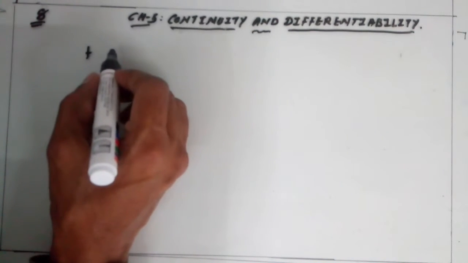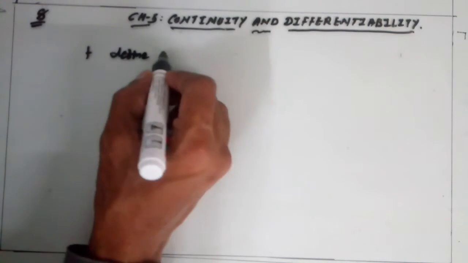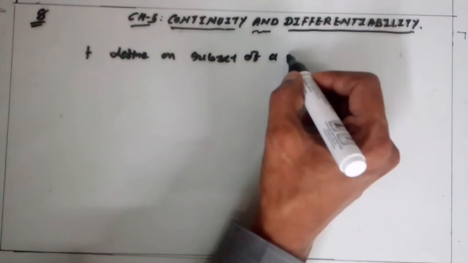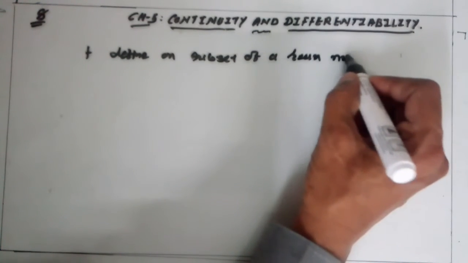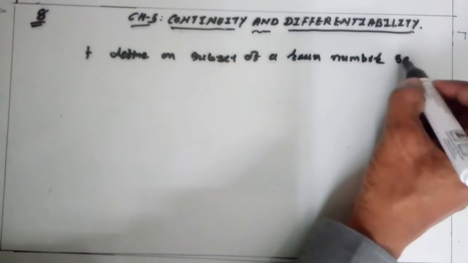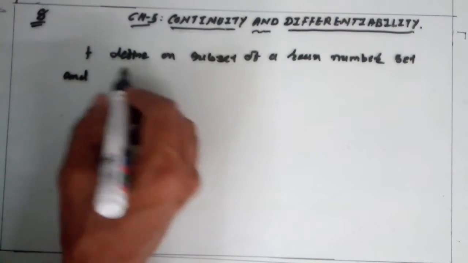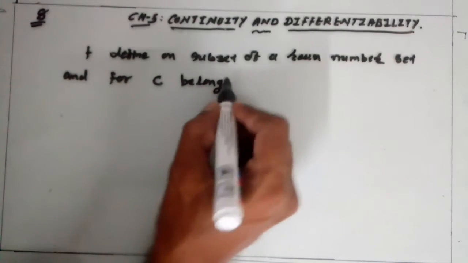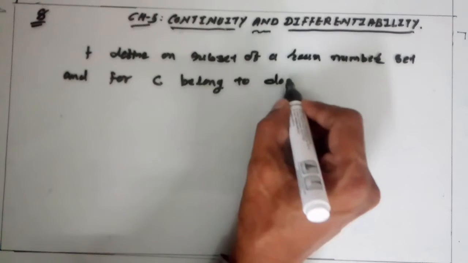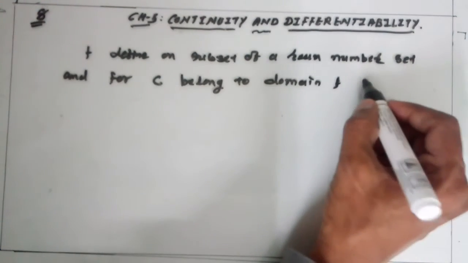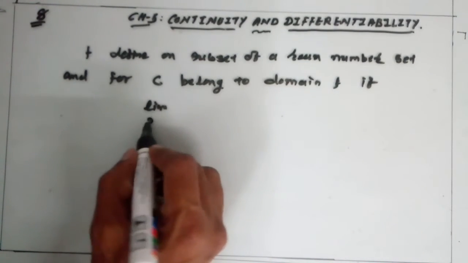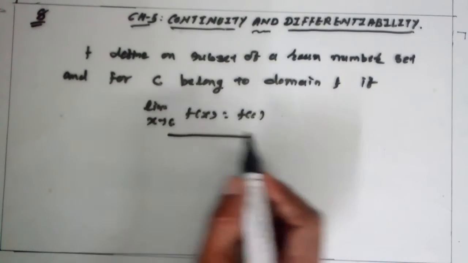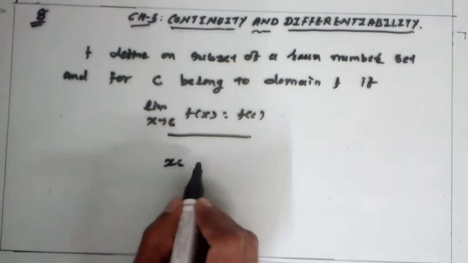A function f defined on a subset of the real number set, and for c belonging to the domain of f, if limit x tends to c, f of x is equal to f of c, then we say that the given function is continuous at x is equal to c.